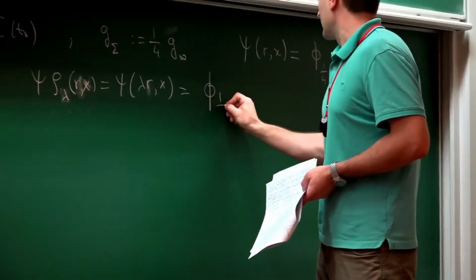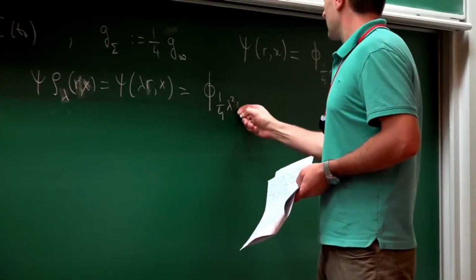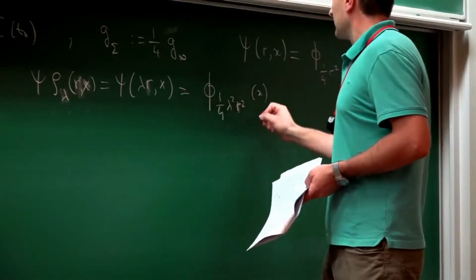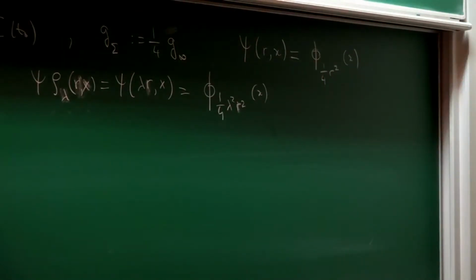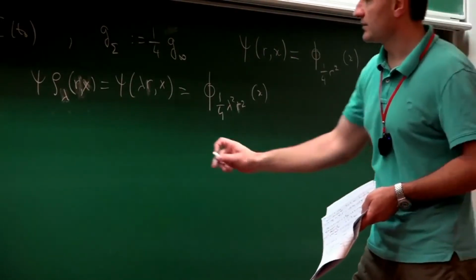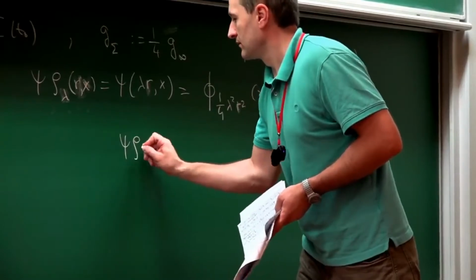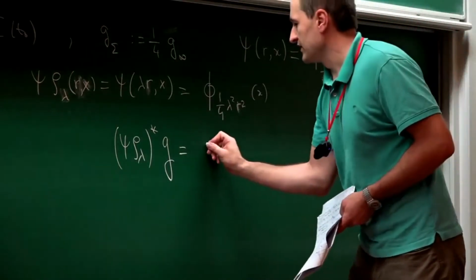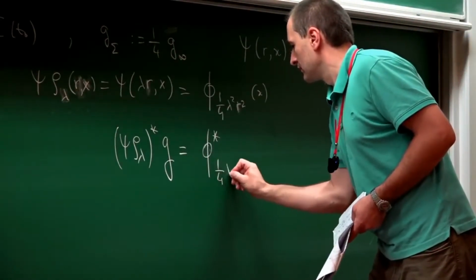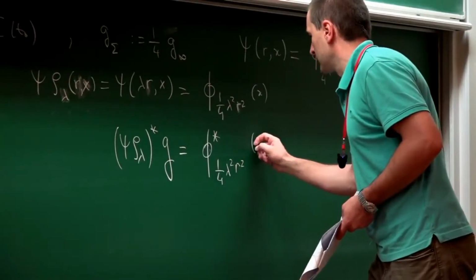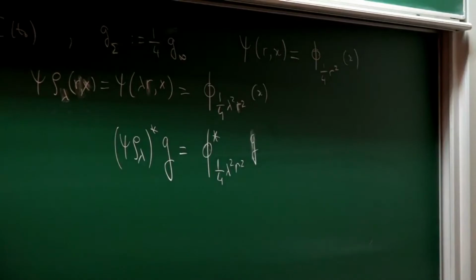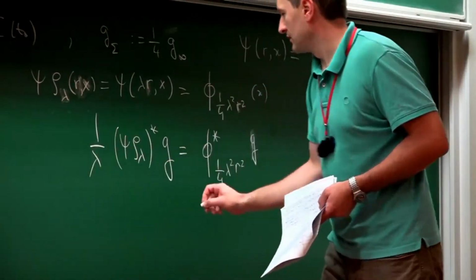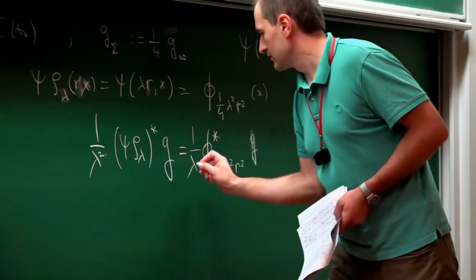Now I just have to check what this means. It's φ of quarter λ squared r squared of x. Now I just have to check what this star G means. That means φ star G. If I want to divide by λ, I will divide by λ squared.